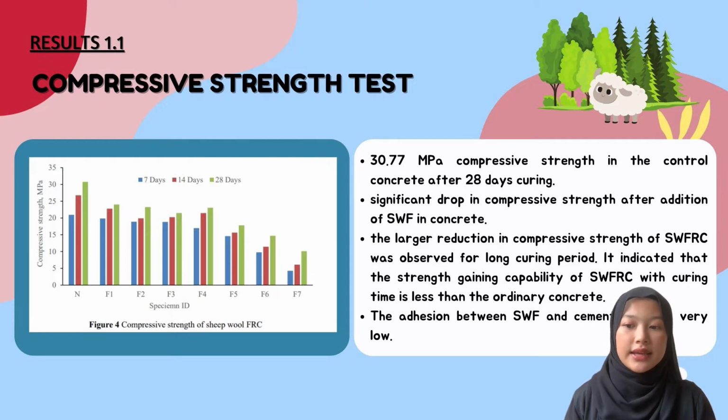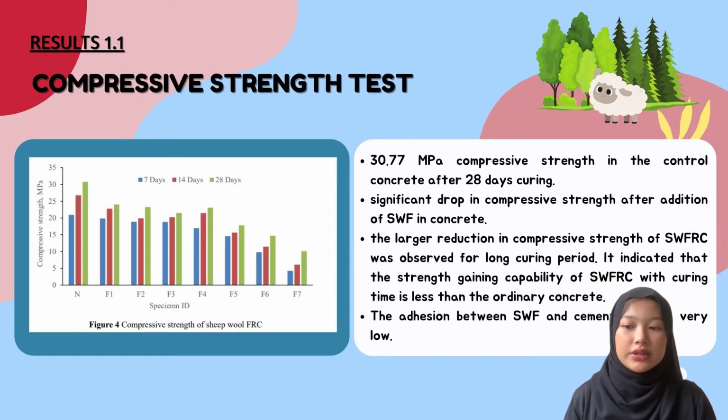It indicated that the strength gaining capability of sheep wool fiber reinforced concrete with curing time is less than that of ordinary concrete. Around 5.2% to 79.7% compressive strength reduction was observed after 7 days curing of sheep wool fiber reinforced concrete, where the sheep wool fiber content was 0.5% to 6%.